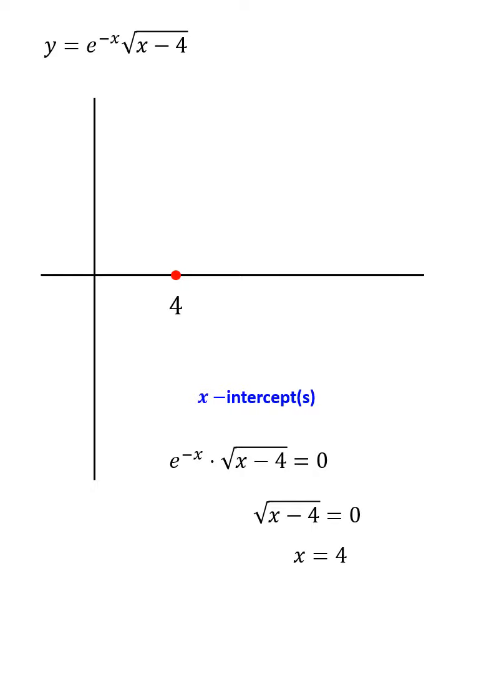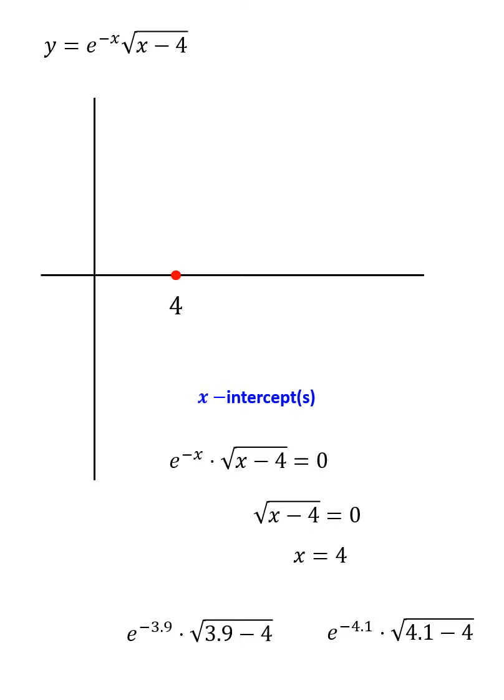But knowing that we have an x-intercept at 4 isn't enough to know about the behavior near 4, so what I'm going to do is plug in a number slightly to the left of 4 and slightly to the right of 4. For example, I'll plug in 3.9 to the original function and 4.1 to the original function.